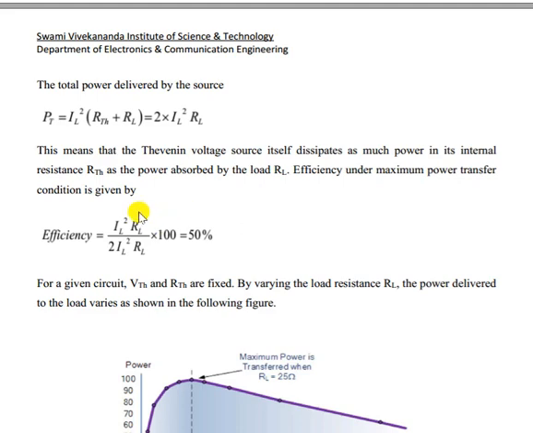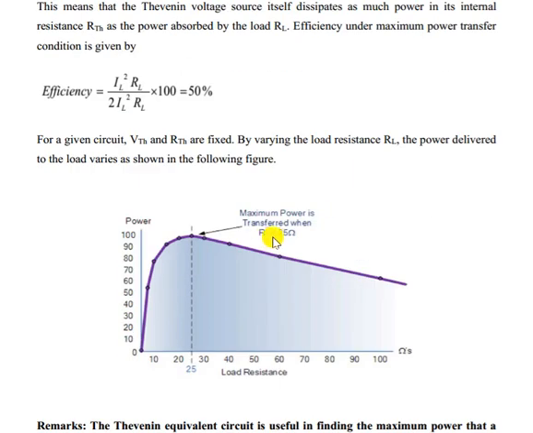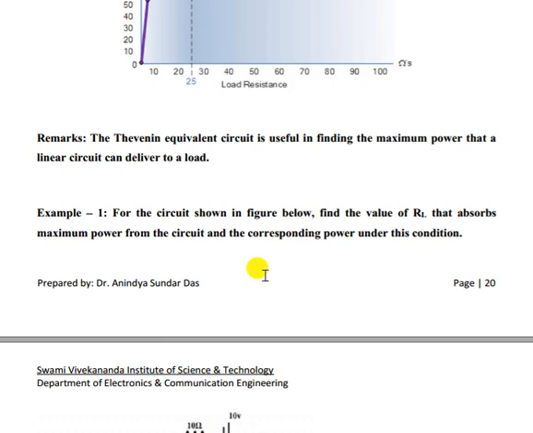So efficiency is output power divided by input power into 100, which gives the percentage. Output power is nothing but IL square into RL, and input power is IL square into 2 RL, because we multiply RTH plus RL with IL square, and for the load resistance, it is only IL square into RL. So efficiency becomes 50%. Okay, so this efficiency becomes 50%.